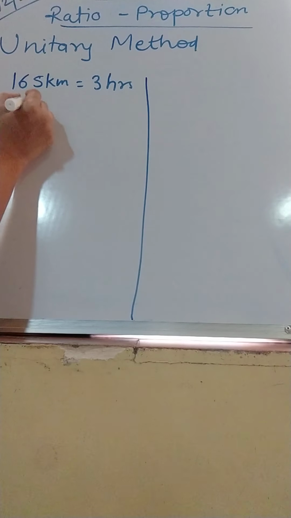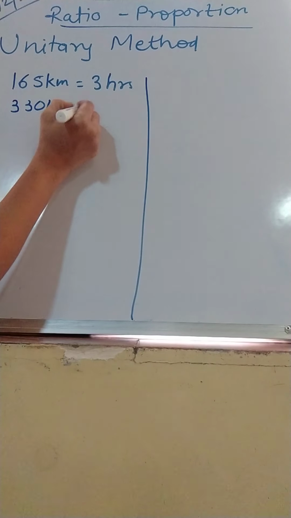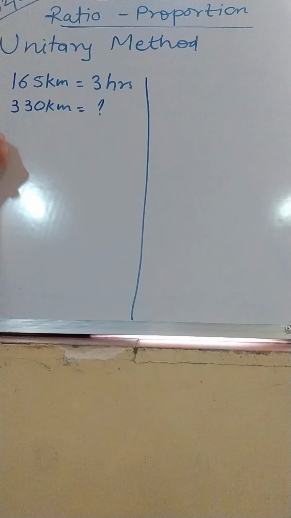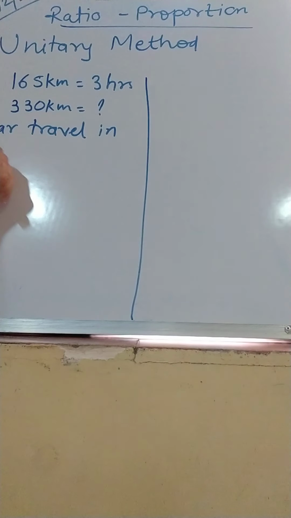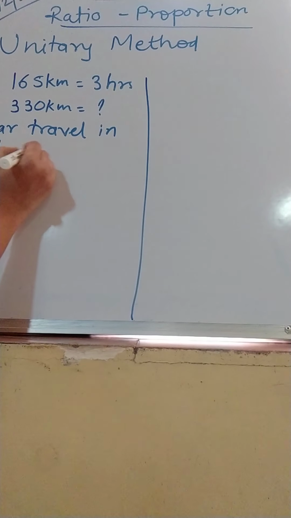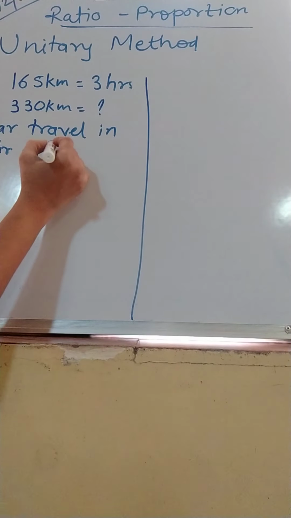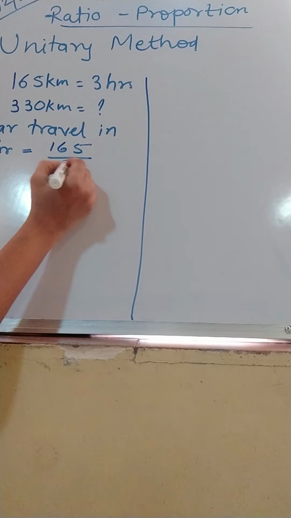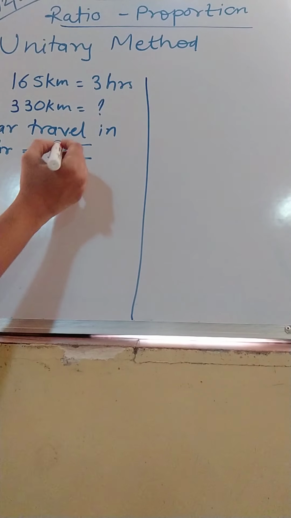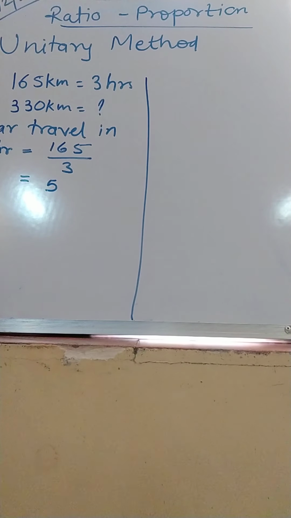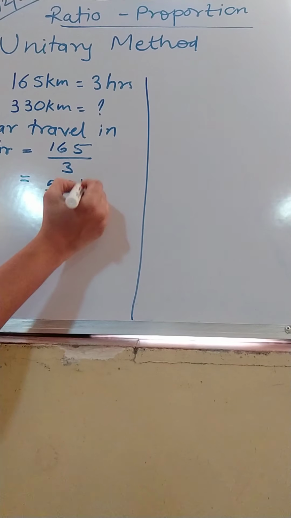Therefore the car travels in 1 hour an amount equal to 165 divided by 3. 3 5s are 15.